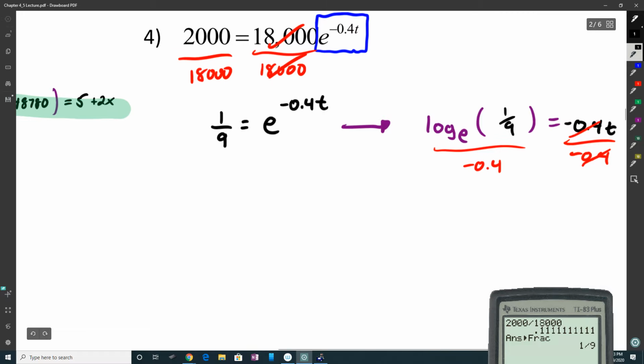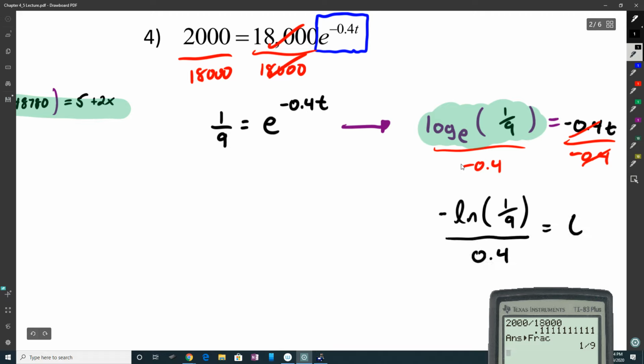So log base e is natural log. You don't have to write the e, but whenever you see ln, that is log base e. It's bad manners to have a negative in the denominator, so I'm going to put the negative on the top. And there you go. There is your answer.